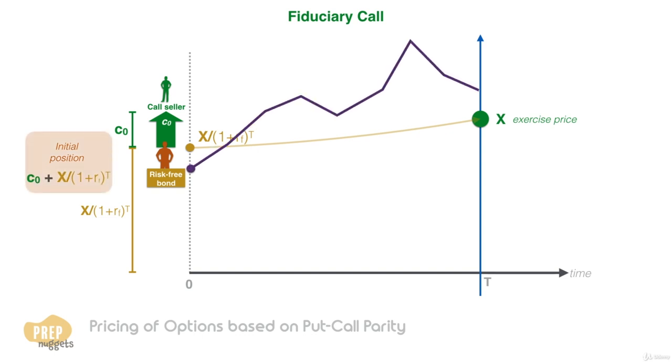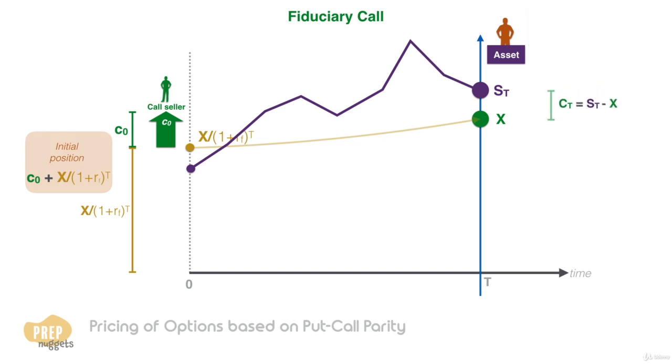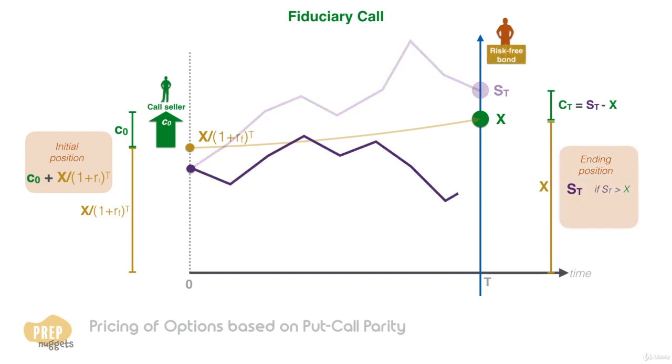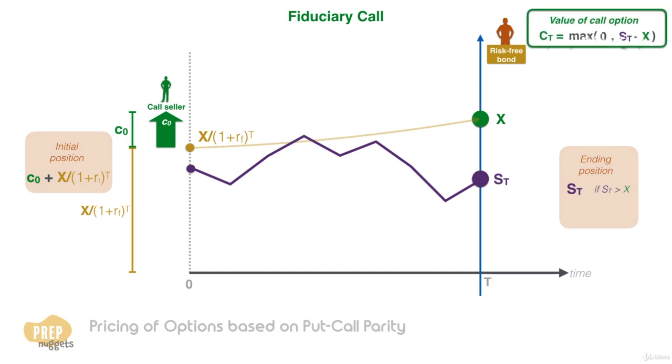At time t, if ST exceeds the exercise price, the investor will want to exercise the call option. So the investor sells the bond and uses the proceeds to buy the underlying asset. The ending position of the investor, when the call option expires in the money, is therefore ST. If ST does not exceed the exercise price at expiration, the call expires worthless and the bond is worth X dollars.